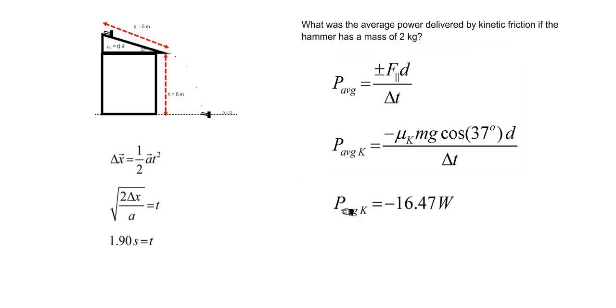I get an average power, an average rate of energy transfer from kinetic friction of negative 16.47 watts. And remember, a watt is a joule per second. So what this is saying is, for every second that friction is applied to that hammer at that angle, it is removing 16.47 joules of energy on average.